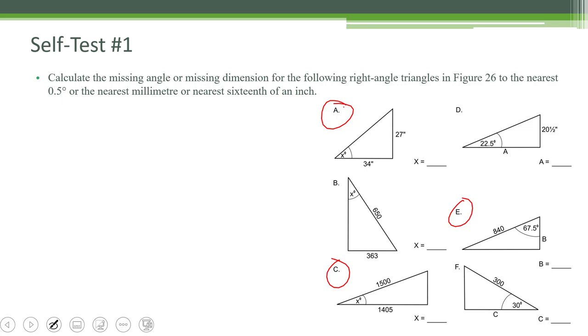Okay, so the first one, we're going to find this angle right here. So first thing I do is write down SOHCAHTOA. What sides am I working with? Well, I'm working with the opposite and the adjacent, so that's going to be tangent.